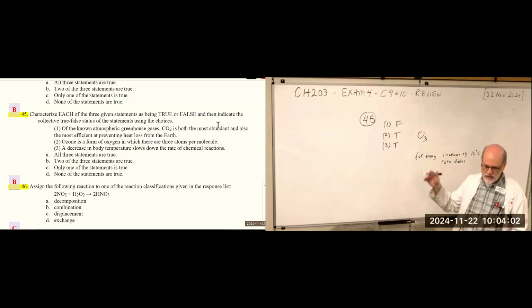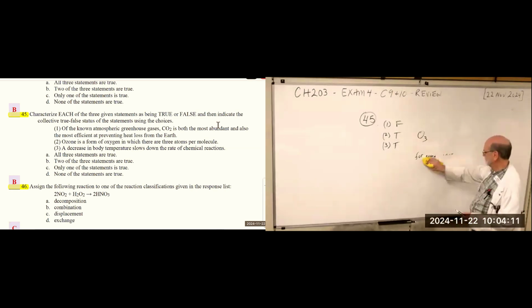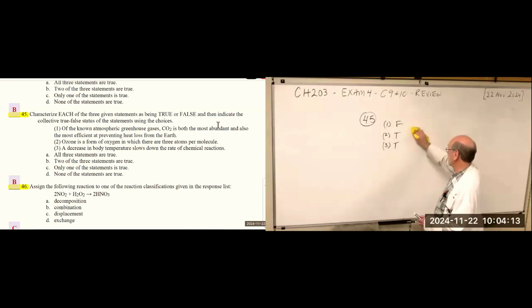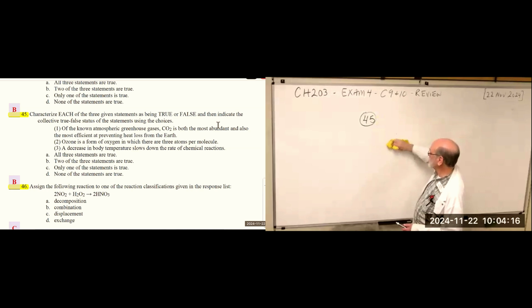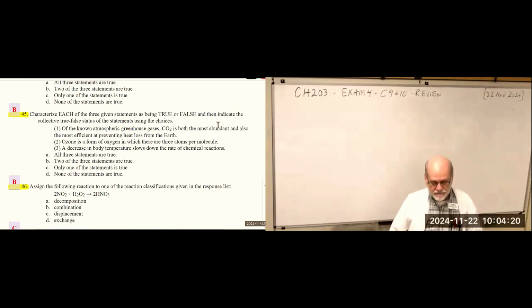And that's generalized. It varies quite a bit, but that's a good starting point. And the same thing goes for a decrease. You can decrease the reaction rate by lowering the temperature by 10 degrees.